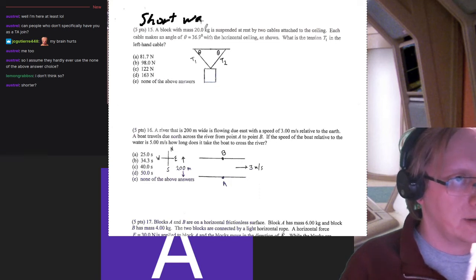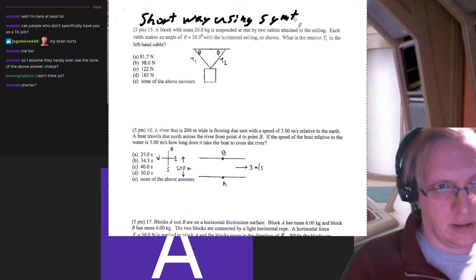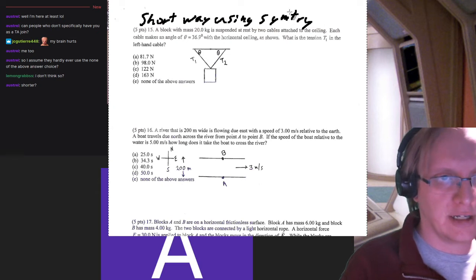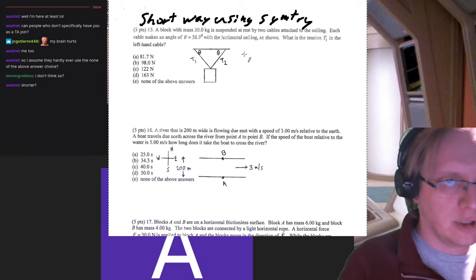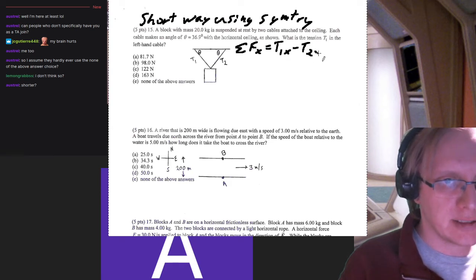Short way using symmetry. All right, so we have sum of forces in the x direction is equal to T1x minus T2x is equal to 0.